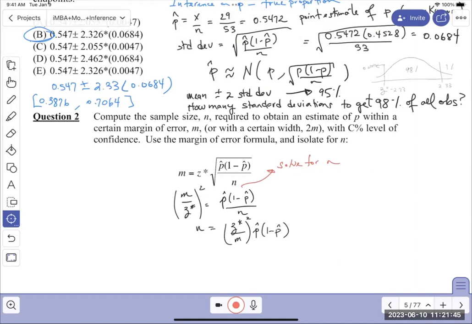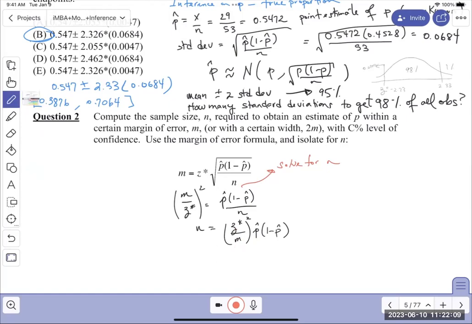So this is my formula, but I have to fix it because let's say we don't have a sample yet. So this is the first time we do this. We're going to take a sample. We've never done this before. So Z star can be given, M can be provided.